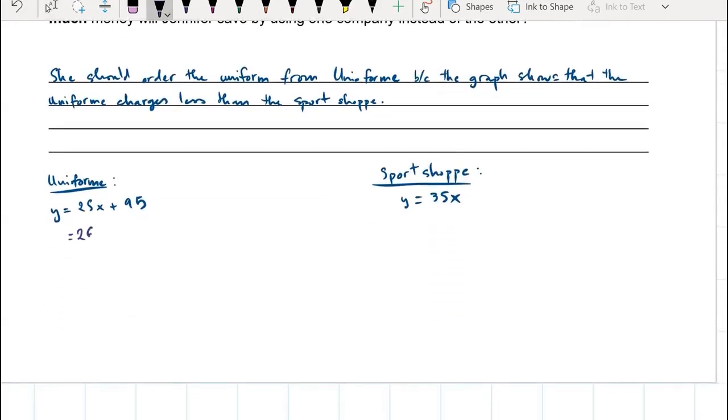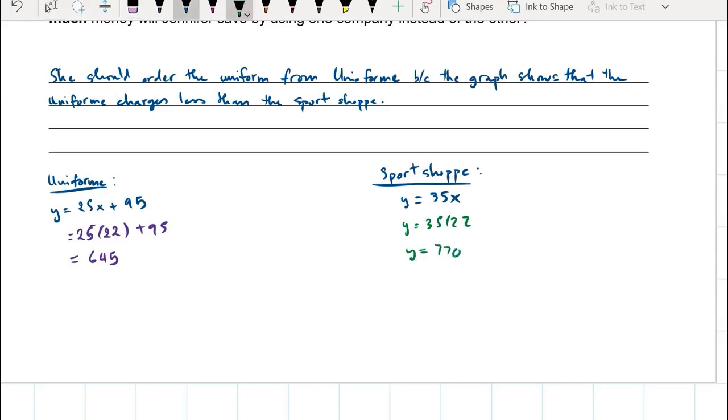So 25 times 22 plus 95. The answer will be 645. And for Sport Shopee, y equals 35 times 22. That will give you 770.